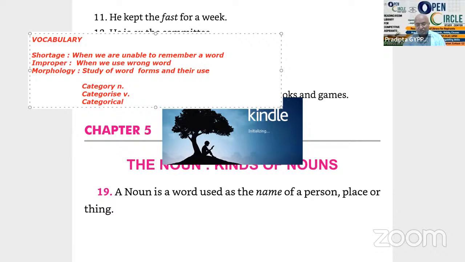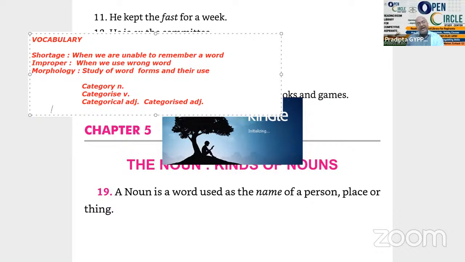Also, we can use categorized, with -sed or -zed according to the dictionary. Now, can you tell me what will be the adverb form? Sir, categorically. Okay, categorically. Very nice.